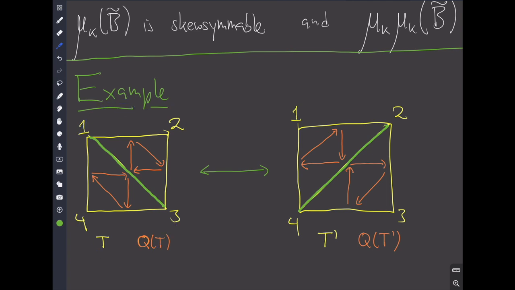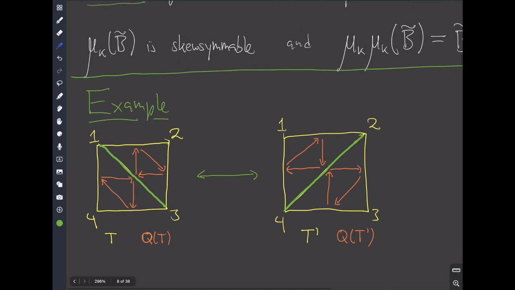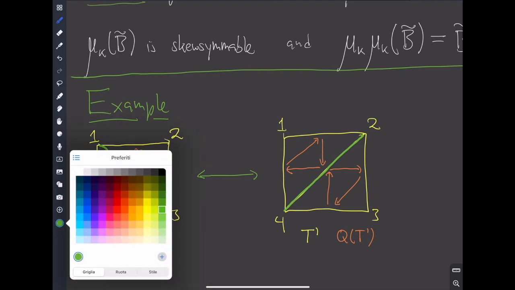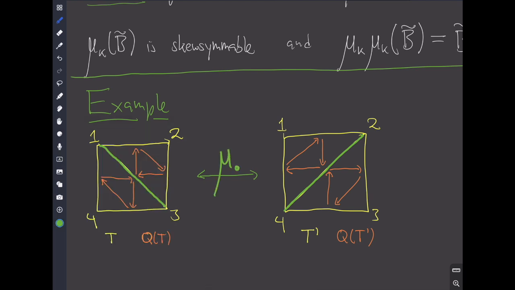I already know that this other way of doing it does the job nicely. And this one you can check directly that these two are related by mutation with respect to the green vertices. For instance, the incoming and outgoing arrows become their composite in this one.